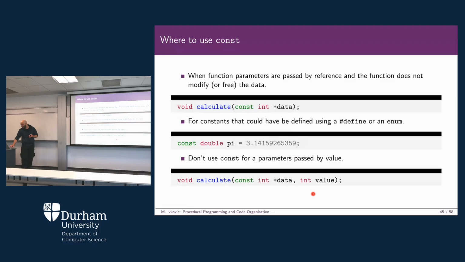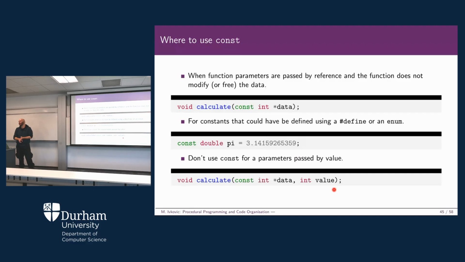Now usually the recommendation is, if you have parameters which are passed by value instead of by reference, typically the recommendation is to not use const there, as to not spam it too much, especially if you have small types which only take a few bytes, so integers, floats, things like that.